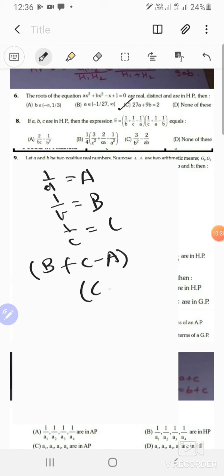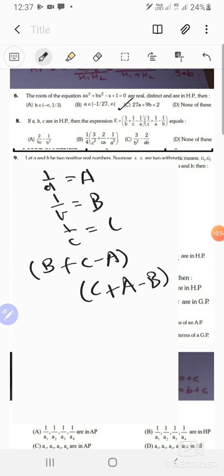And then you have C plus A minus B equals what? So now we have to convert it. Here it's completely in C and A, so they have eliminated B from it.